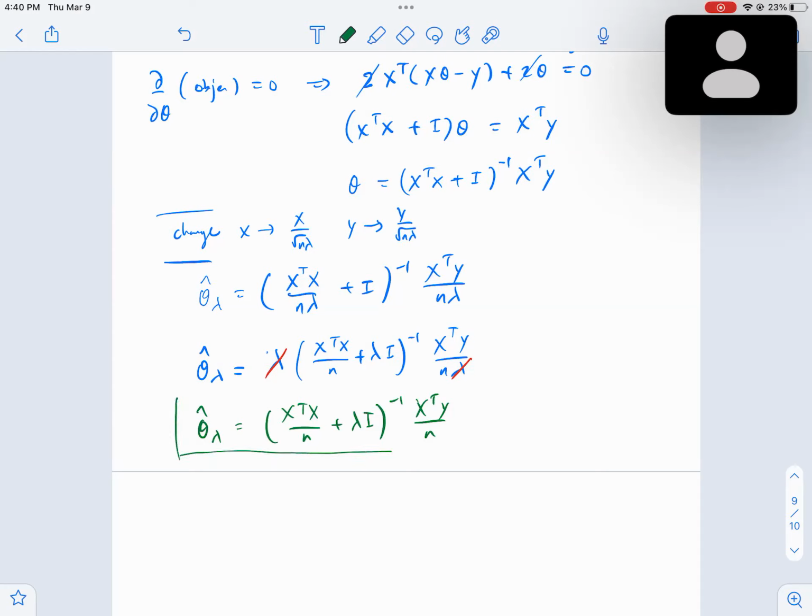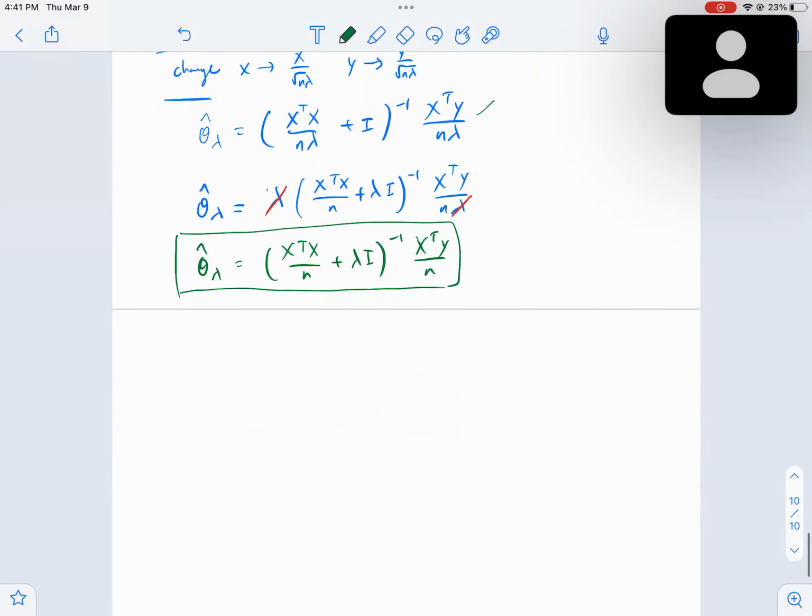Why do I write it like this? Does anyone know why I write it like that, not like this, for example, or something else? So imagine that X, remember, is X1 transpose up to Xn transpose, and imagine that the Xi's are 0 mean.